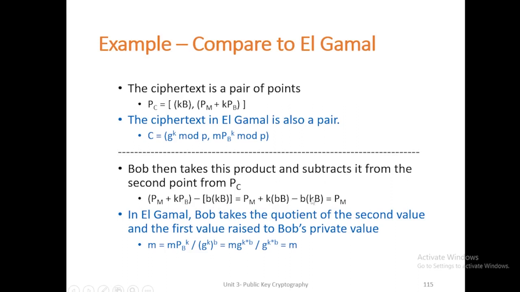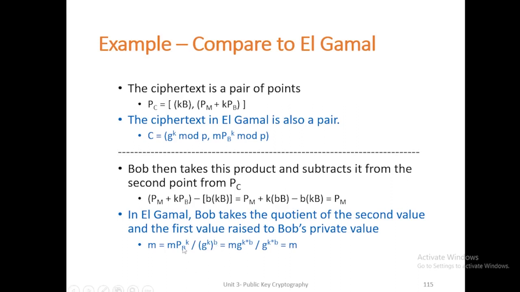So this is the normal Diffie-Hellman algorithm. Instead of this value, if I am taking this one for decryption, G power K mod P, M into PB power K mod P, I am writing the first value as M into PB power K, and the second value as G power K whole to the power B. Here B is Bob's private key.